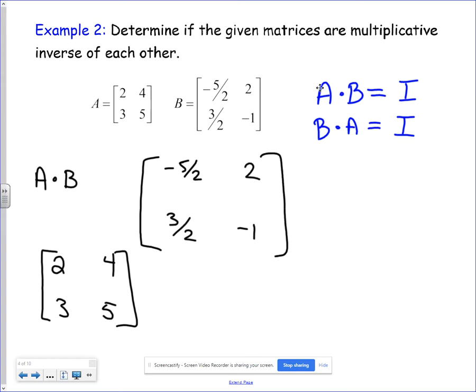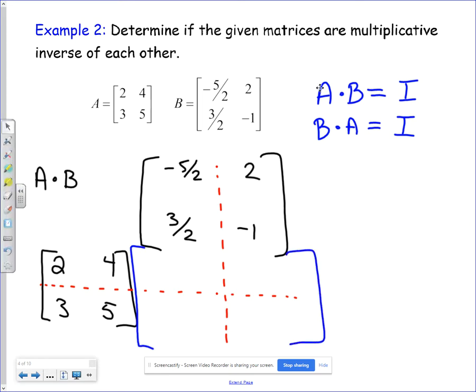Now I'm going to multiply these together. So let's draw our dividing lines in here. And if you remember how we do this, we multiply the rows times the columns.